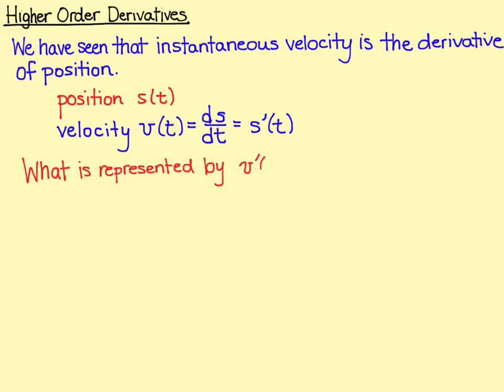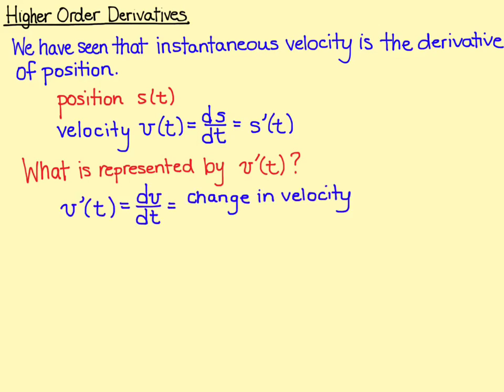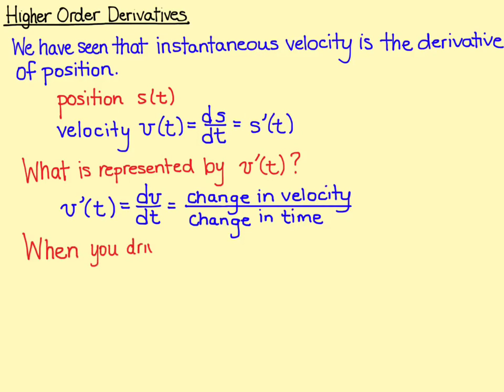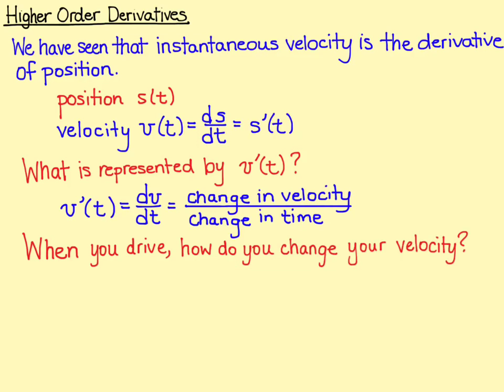So what is represented by v prime of t then? Well, remember, v prime of t would be the change in the velocity over the change in time, dv by dt. So when you drive, how do you change your velocity? Well, the answer is you push on the accelerator.